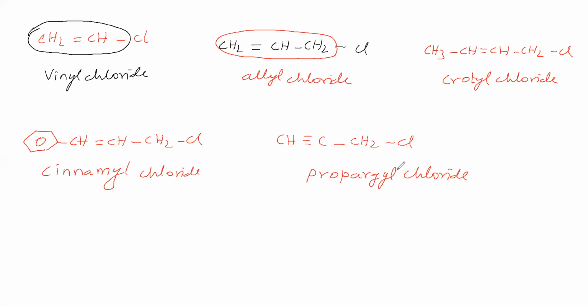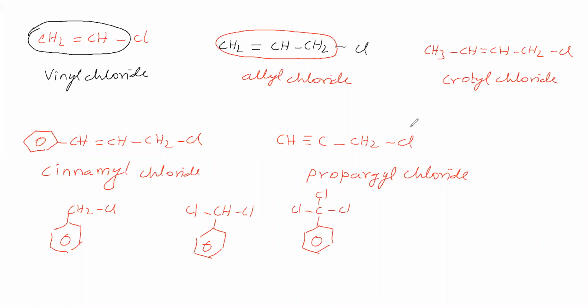Propargyl chloride. Next compound, you see a phenyl ring with CH2Cl. Next, a phenyl ring with CHCl2. Next, a phenyl ring with a carbon having 3 Cl.